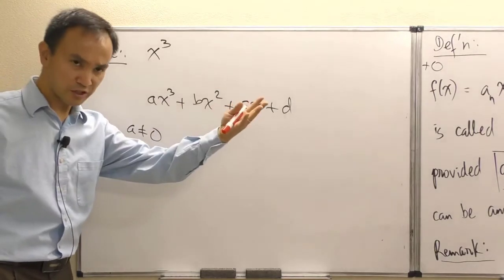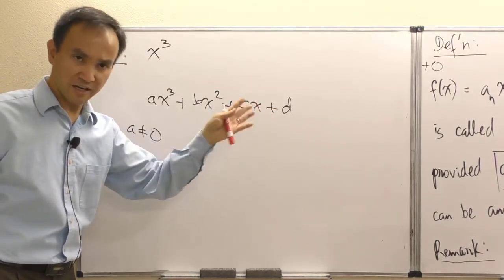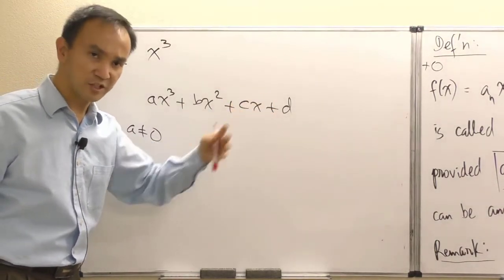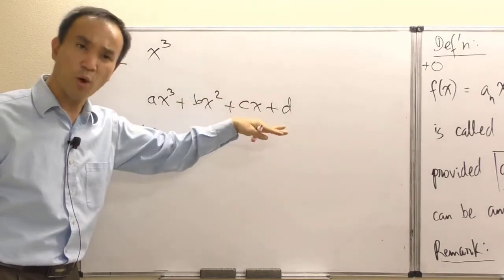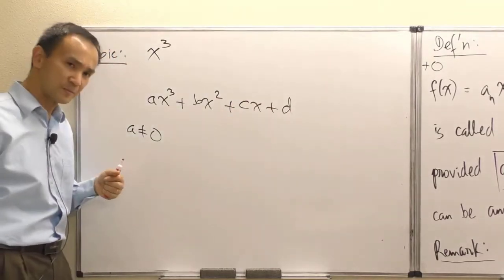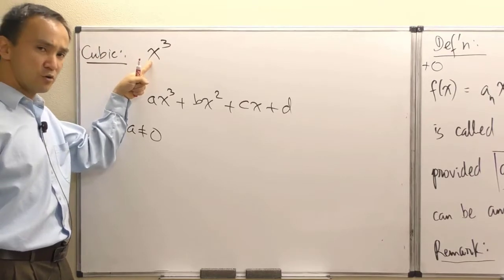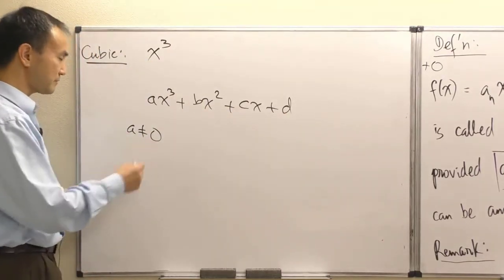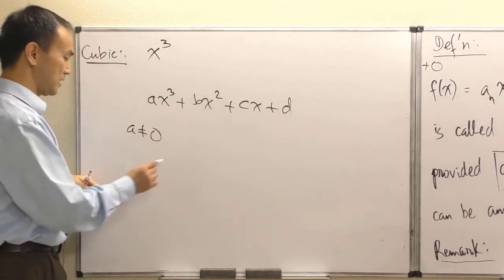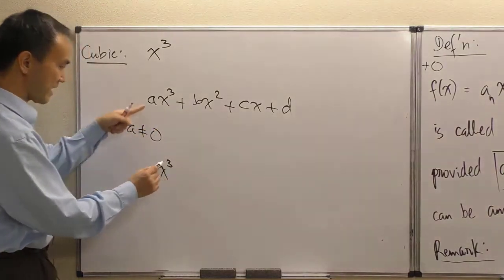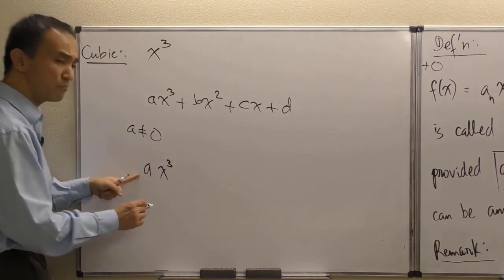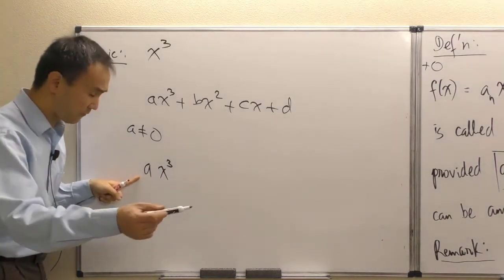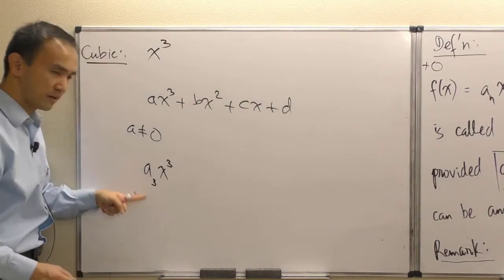But this is a general cubic. Some of your instructors in the past course might have emphasized this, but some other instructors don't. But you must have seen this once or twice in your prerequisite course. This is a simple cubic, but this is a general cubic right here. Now this is how I see that. For x cubed, why don't we think of that as some non-zero coefficient that goes with the third power, so I call it a3.